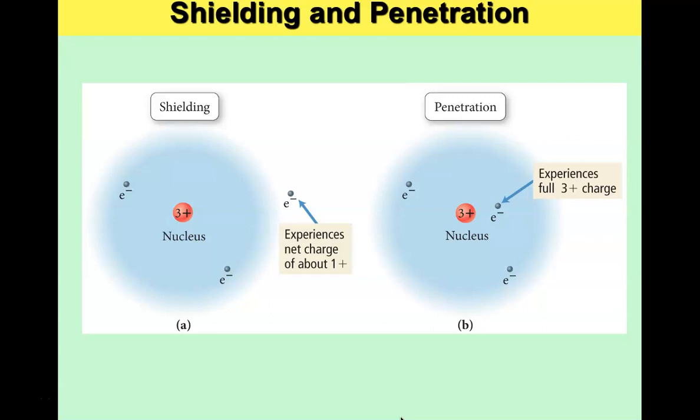But we can show graphically that some of these outer orbital energy levels do have some probability of getting closer to the nucleus. So every once in a while, those outermost electrons feel the full force of the nucleus, but for the most part, they hang out in their valence shell and only feel the diminished effect.